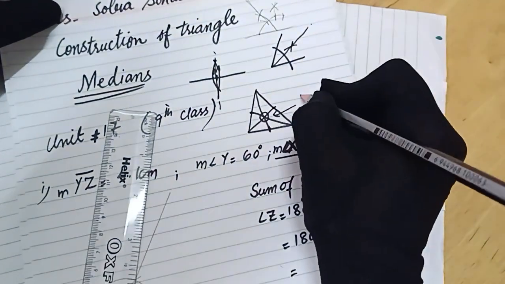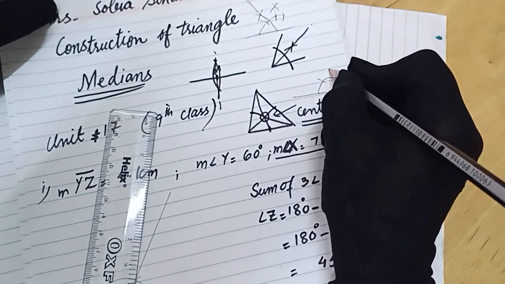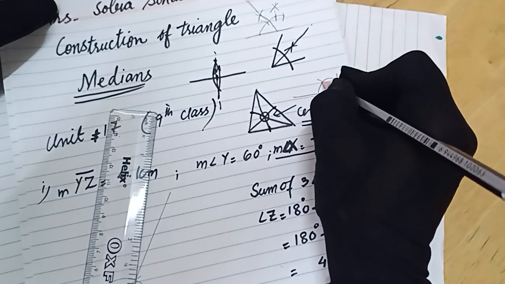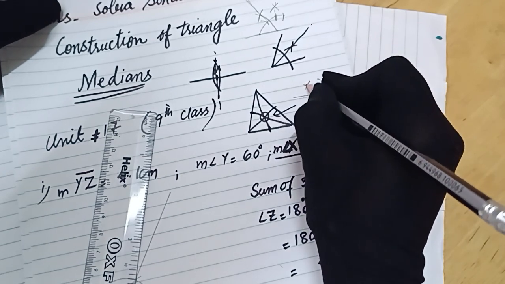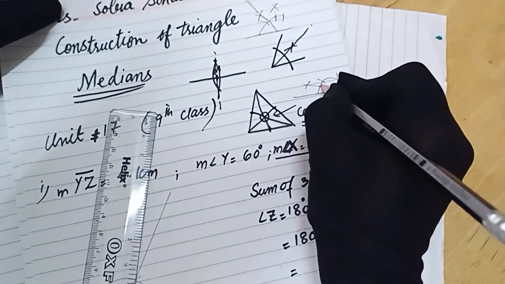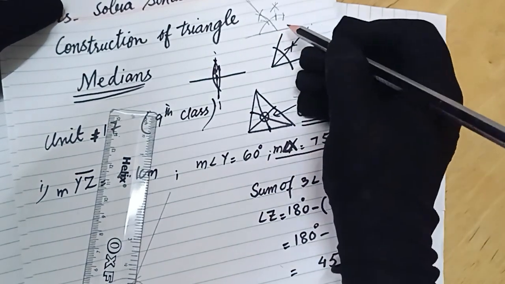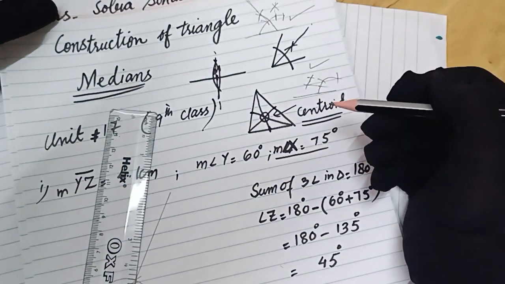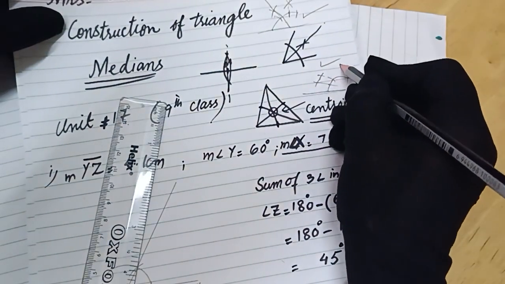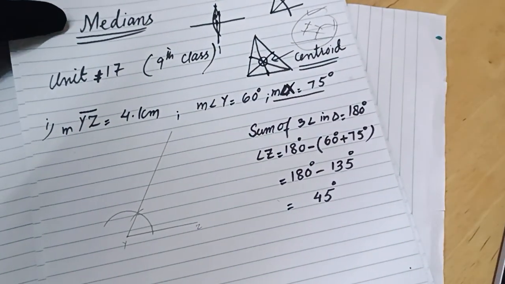Or make a reference arc 60, 120, then the bisection of 0 to 60, that is 30, make a reference line of 30, and the bisection of 30 and 60 will also give you 45. You can choose either option for the angle construction. I will choose the second one, the bisection of 60 and 30.